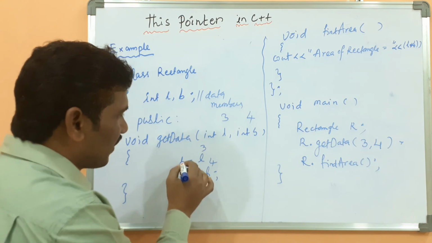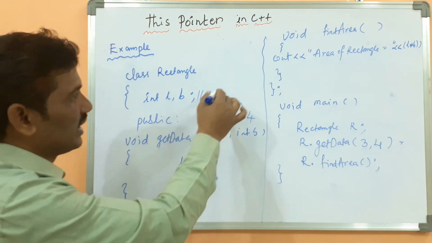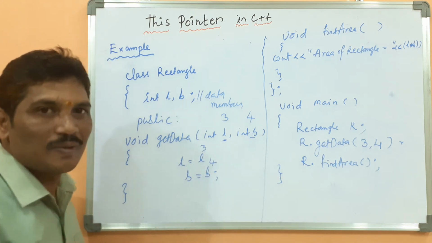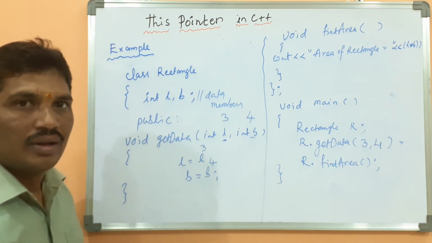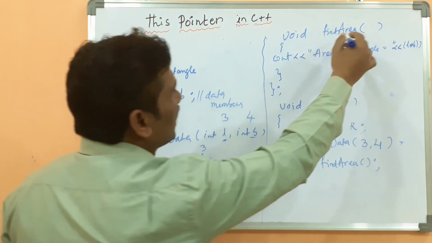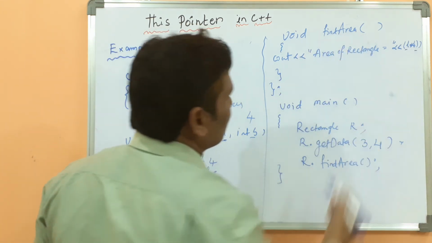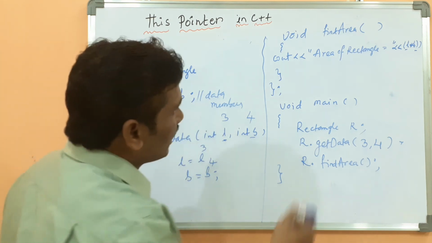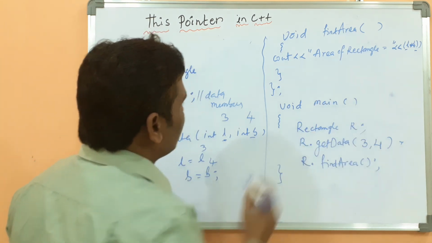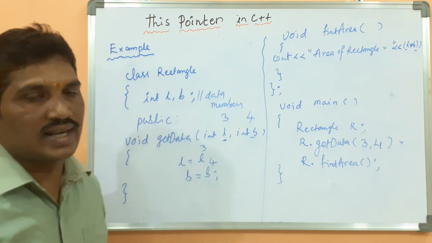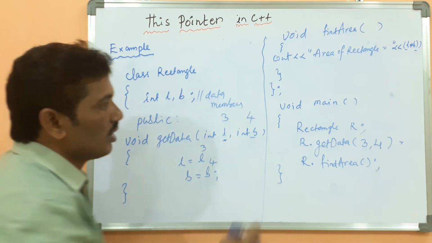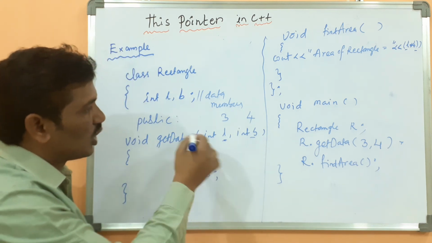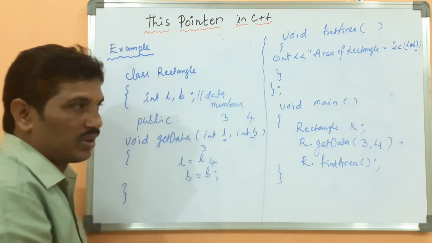L equal to L does not refer to the data member. It belongs to the local variables. Then when you display the area of rectangle, this L refers to the data members. Whenever a rectangle object has been created, L and B values are initialized to 0. Then R dot getdata 3, 4. Here L belongs to the local variable, it does not belong to the data member.